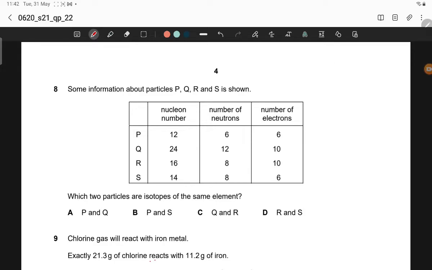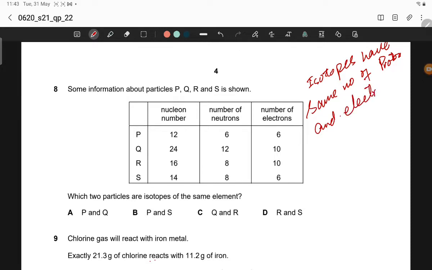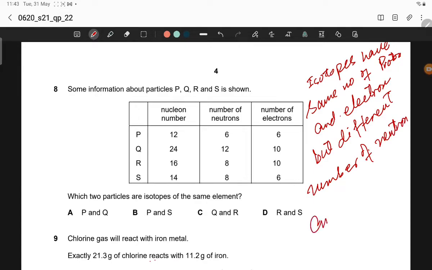So isotopes have the same number of protons and electrons, but a different number of neutrons and nucleons.